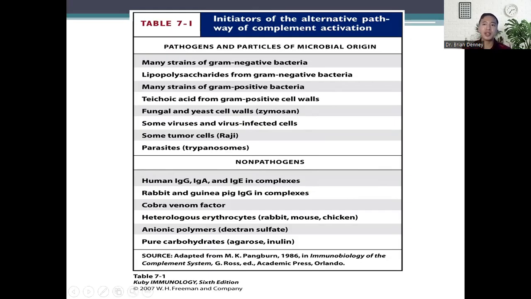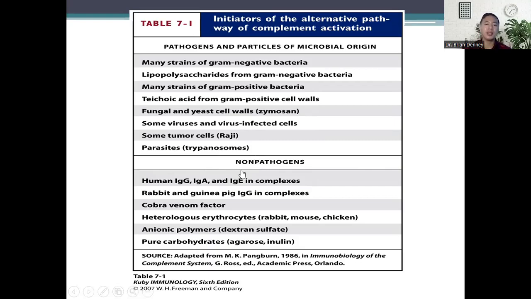Now, I want to direct your attention to the lower portion of the table, the non-pathogens. You might be confused. Doc, you mentioned that the alternative pathway is antibody independent. How come in this table it says human IgG, IgA, and IgE? Again, these are exceptions to the rule.